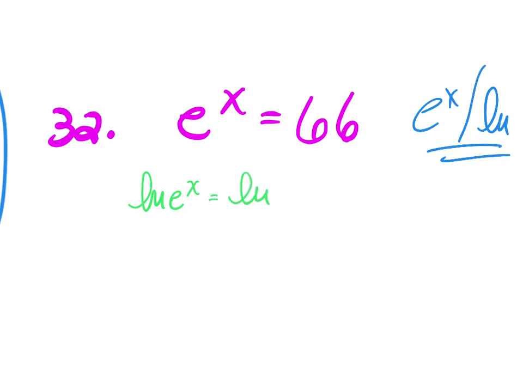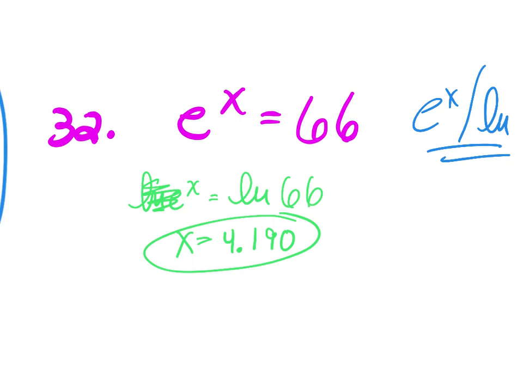That means I have to take the ln of 66. ln and e cancel out. So in your calculator, hit ln 66 and hit enter. And you get 4.1896. So we'll say 4.190. Take this number, plug it in here, and you should get something really close to 66. We do, so we're good to go.